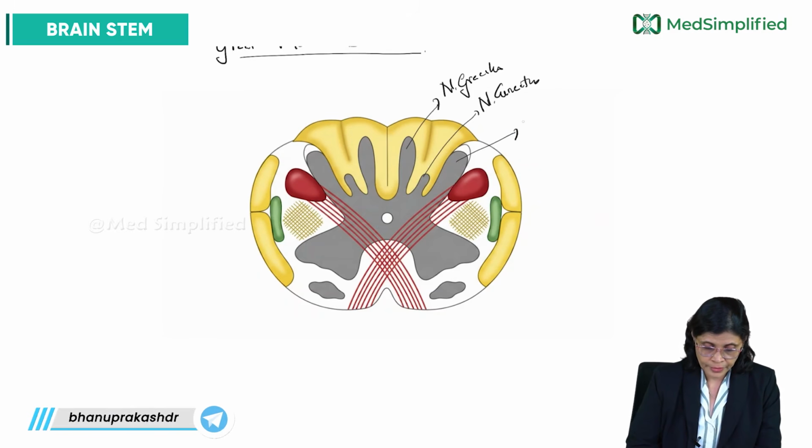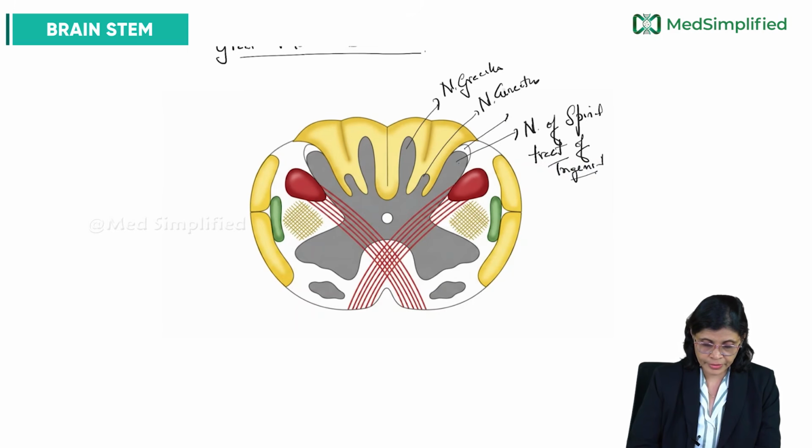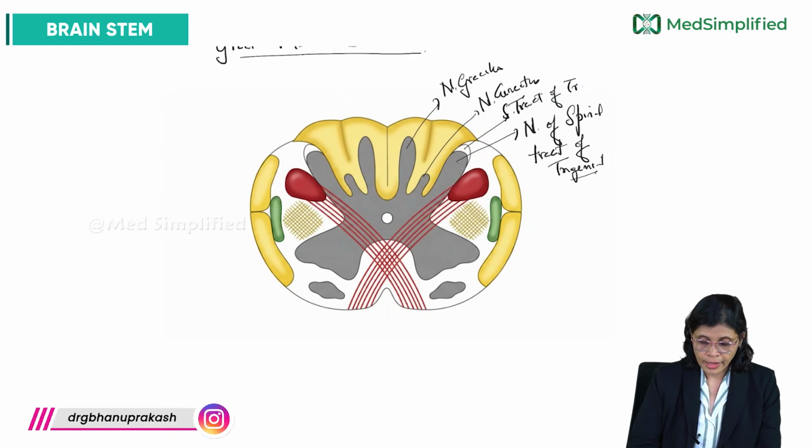This contains the nucleus of the spinal tract of trigeminal. So this is the nucleus, and above that we see the spinal tract. This is the spinal tract of trigeminal, and this is the nucleus.